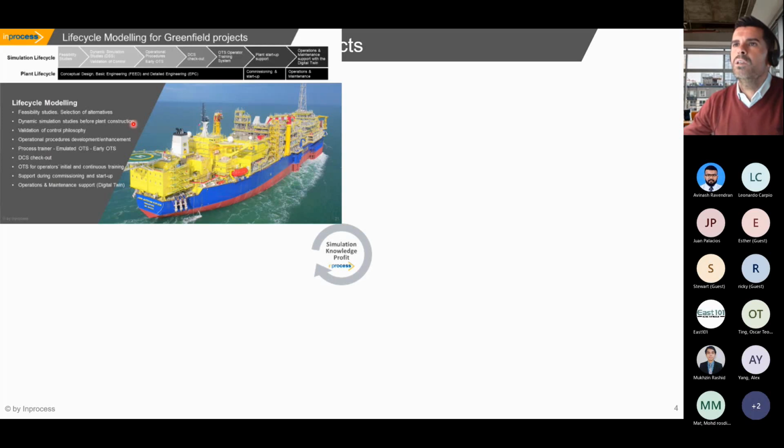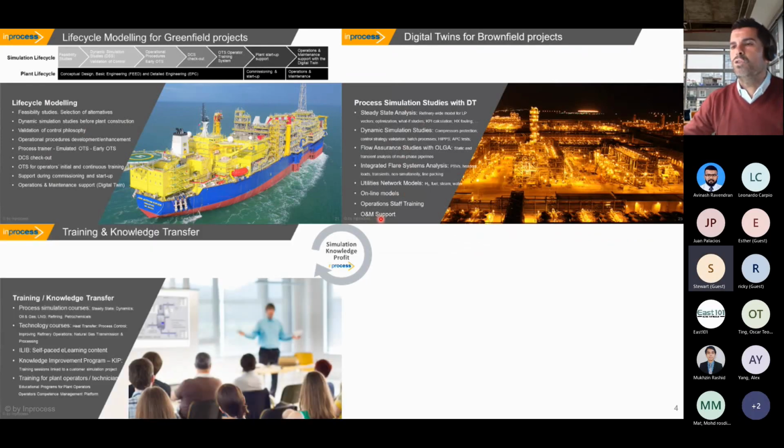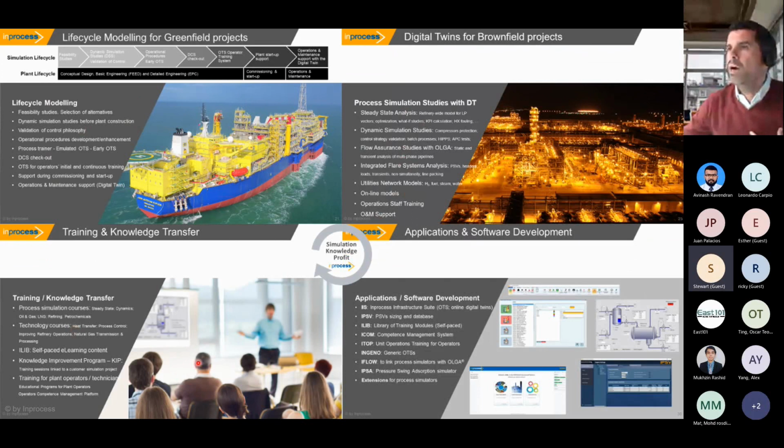But it's not only a question of how to approach a project with this philosophy. What we also do, of course, is studies in steady state, in dynamic, flow assurance, integrated flare system analysis, modeling of utility networks and online models, and operation and maintenance support from upstream, midstream, and downstream. Of course, we also provide training to engineers and control room operators, and we have developed our own software, being able not only to provide studies, not only to perform some project, but to complete an OTS.